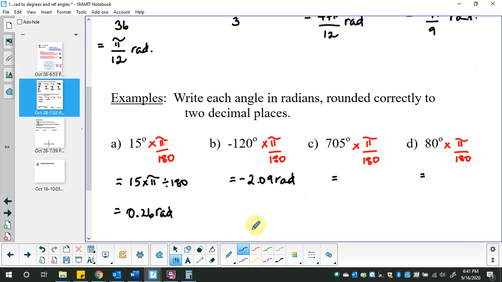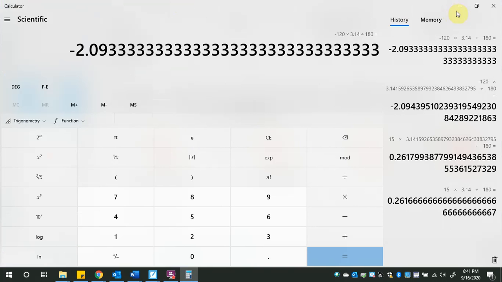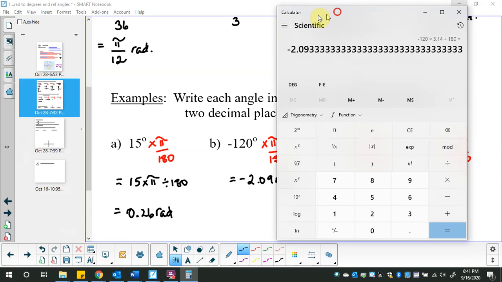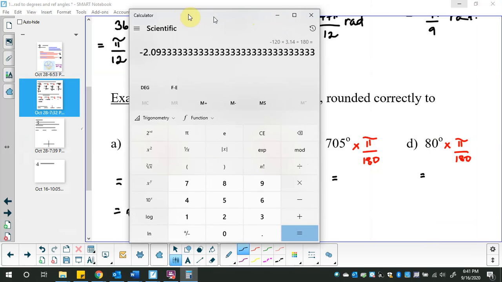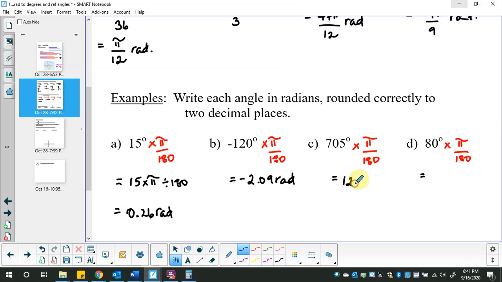Next one, 705 times pi divided by 180. There. So 705 times pi divided by 180 is equal to 12.30 radians.